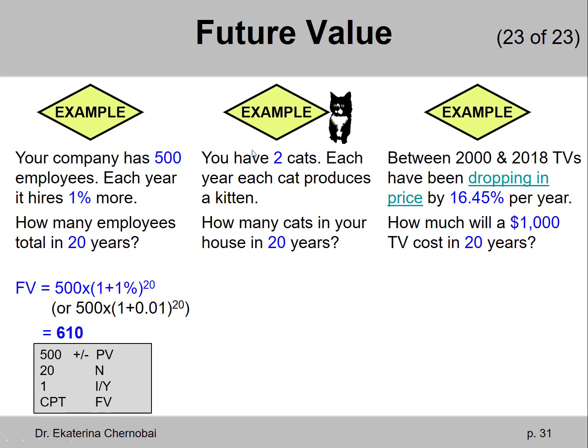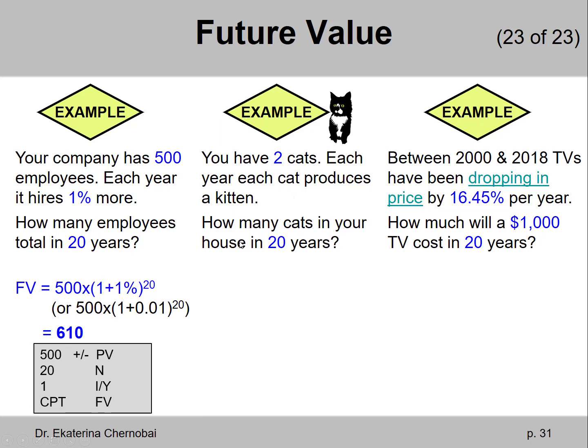So what does it mean? If you have 2 cats now, how many cats will you have total in a year? 4. How many will you have 2 years from today? 8. How many cats will you have 4 years from today? 16. Then 32, then 64, and so on. So the number of cats doubles every year.